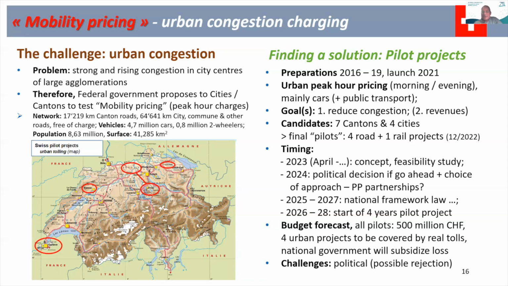But even in this area, it's very interesting. The Automobile Club said, no way, we will not accept congestion pricing. Just 2 weeks ago, one of the regional presidents of the Swiss Touring Club said, I think it's coming. So it's very interesting that even in politically difficult areas like congestion charging with peak hour tariffs, things are evolving, and it's quite possible it will come.